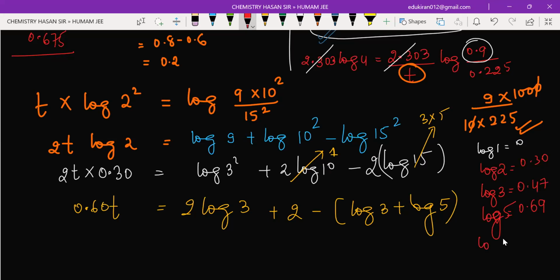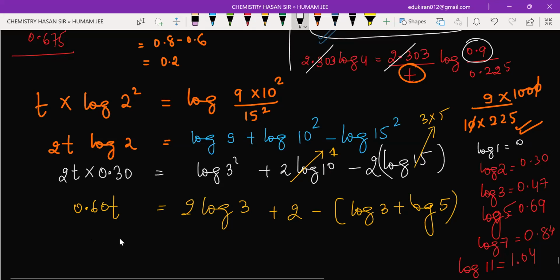Log 7 is equal to 0.84. Log 11 is equal to 1.04. I didn't write the value of log 4 and log 6 because log 4 can be written as log 2 raised to the power 2. Are you getting my point?